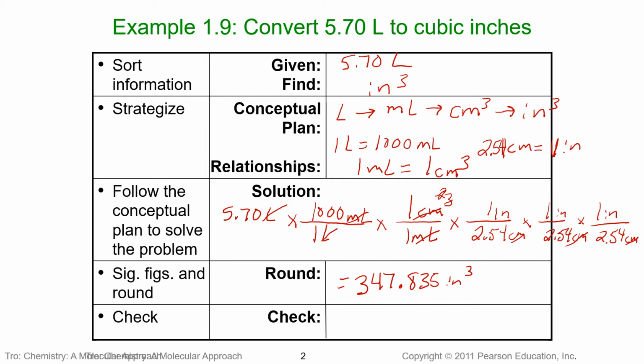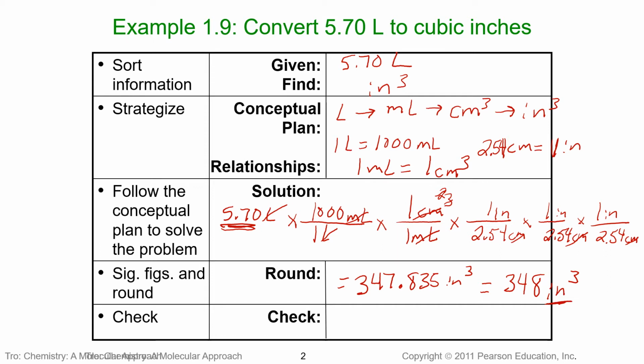Well, again, these conversion factors are all exact, so we would have to look at the number that we started with. So we would have 348 cubic inches. Our units are correct. We're in cubic inches, which is what we wanted. And our number makes sense. So we would have 348 cubic inches for 5.7 liters.